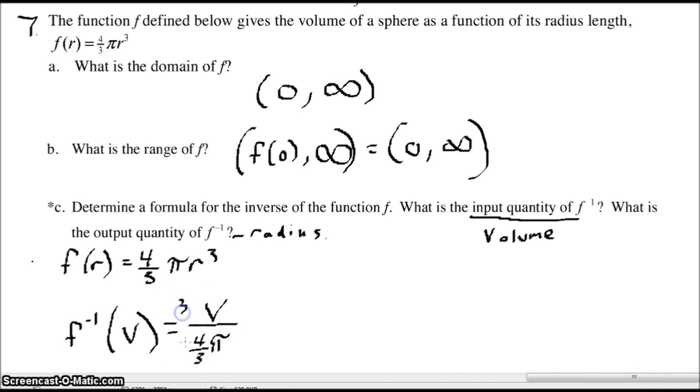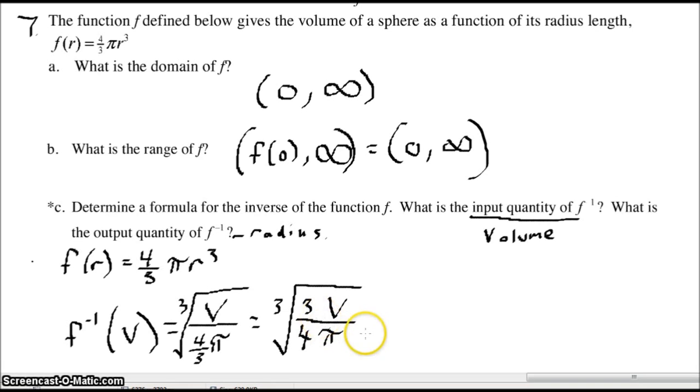And then we could take the cube root, which would undo the cube. Now anytime you divide by a fraction, you can flip it and multiply. Dividing by a fraction is the same as multiplying by the reciprocal. This is really 3/4 V times, or V over pi. Either answer is okay.